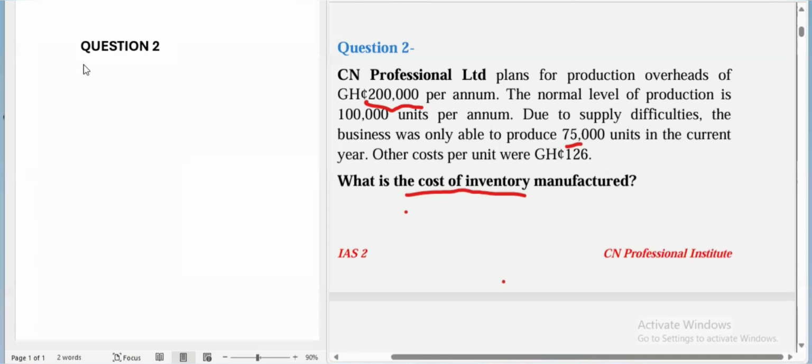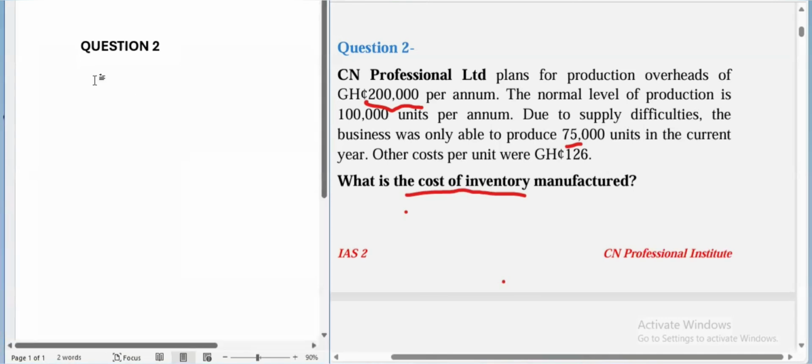So here we have overhead. They plan a particular overhead of 200,000 cedis. If they plan overhead of 200,000 cedis, then this overhead has to be allocated. So we are going to have overhead allocation. Let's see our overhead allocation first.